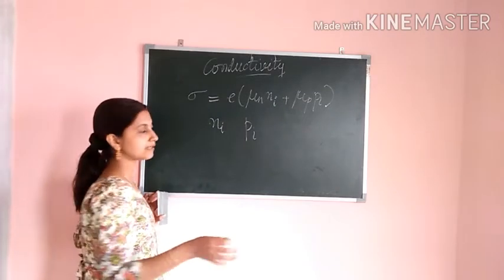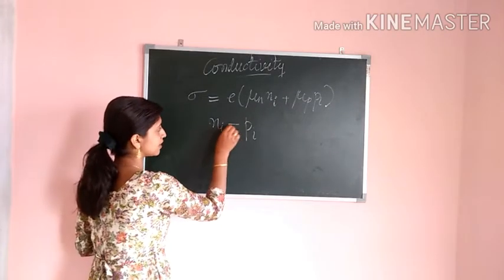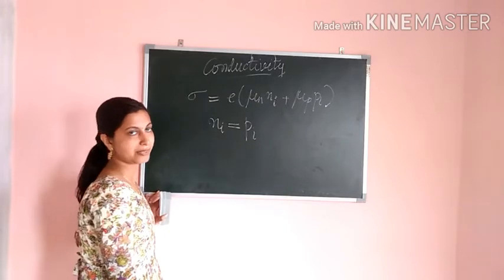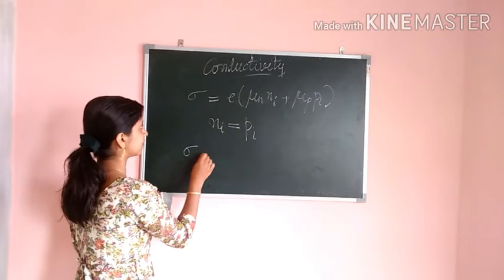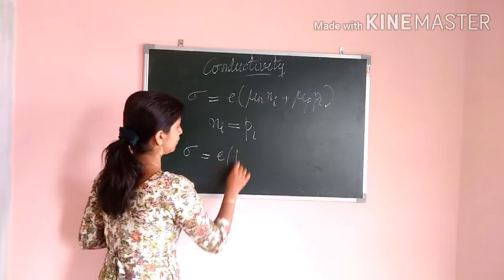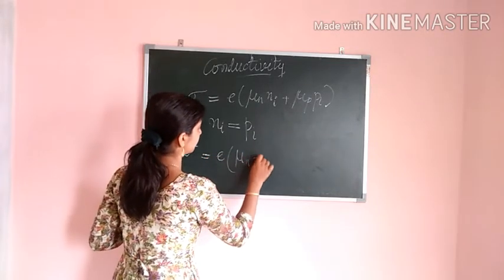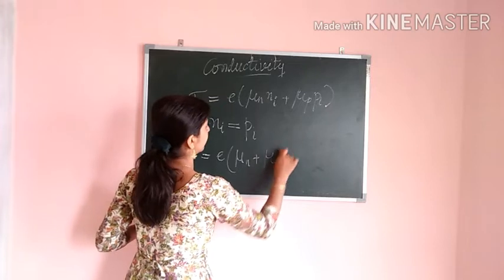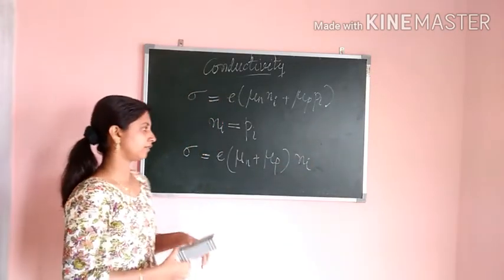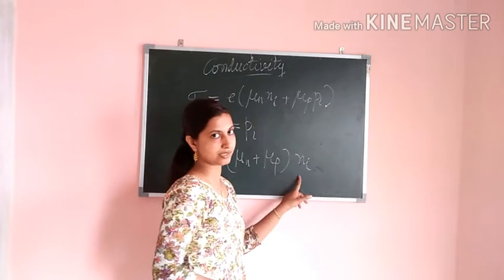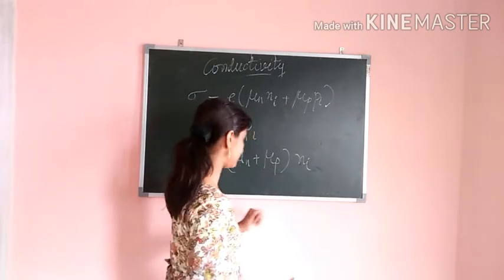But for an intrinsic semiconductor, the concentration of both types of carriers will be the same. So ni = pi. So we can write σ = e(μn + μp)ni, where ni is the intrinsic carrier concentration.